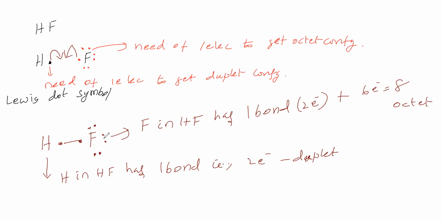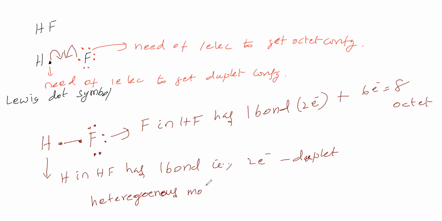Acceptance is ready, but donation is not ready. So both go for contribution, sharing, which means a covalent bond, so this molecule is a covalent molecule. In this molecule different kinds of atoms are there, therefore it is called a heterogeneous molecule.